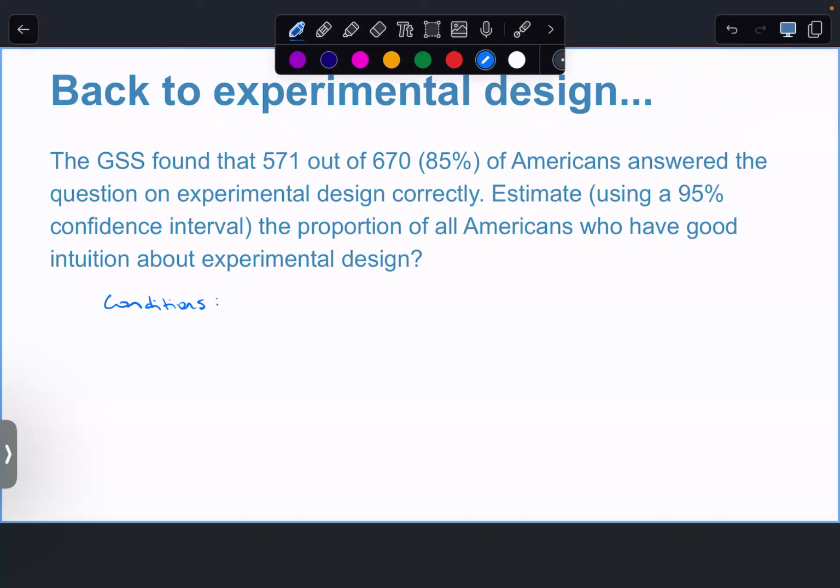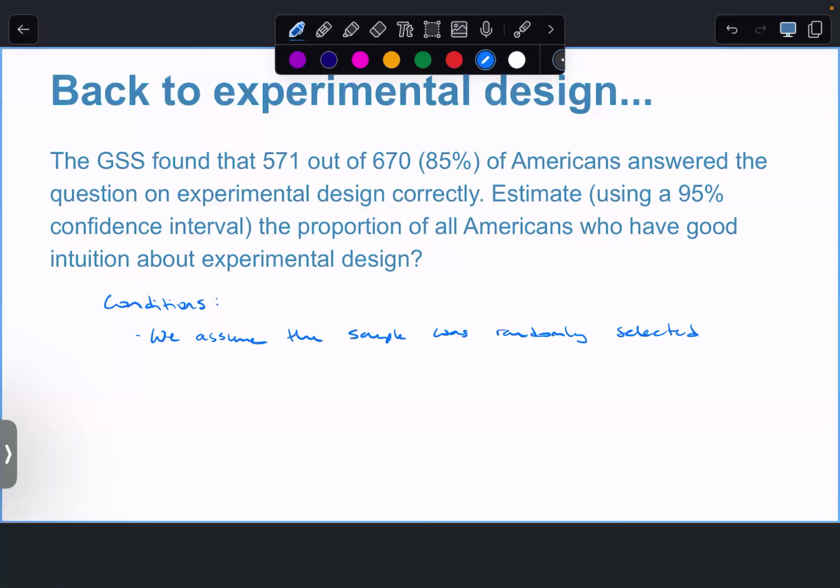It's a national survey. I'm going to have to assume that it was randomly selected. I don't think it said anything about it. In fact, here in this blurb, it doesn't, but we assume the sample was randomly selected.